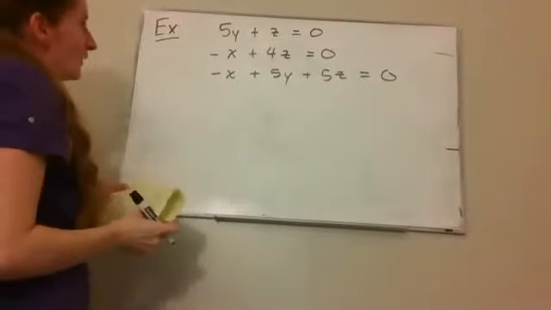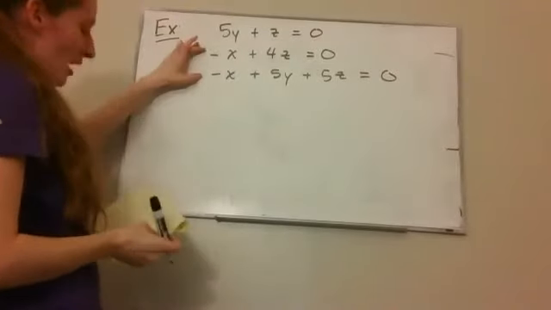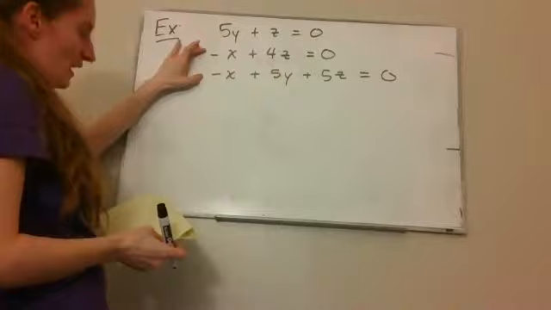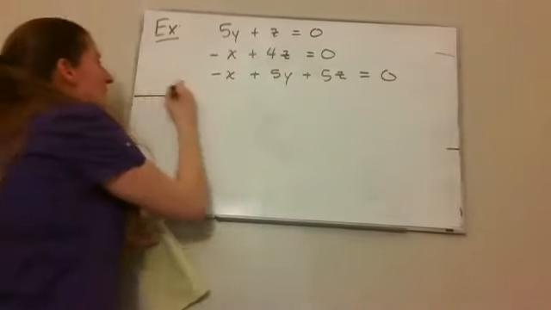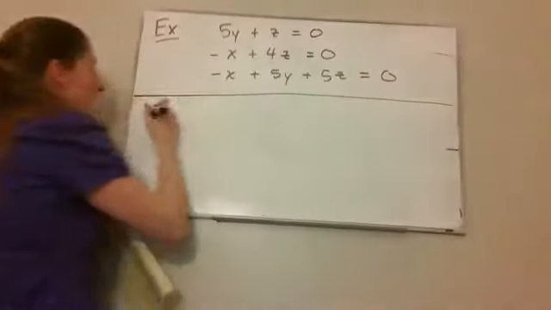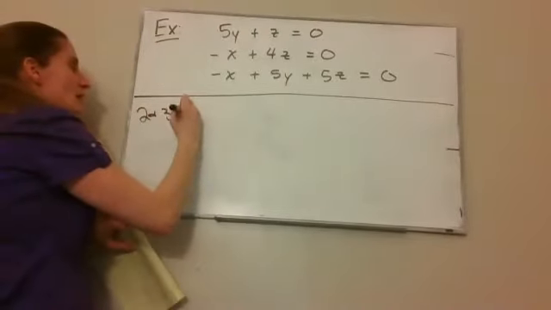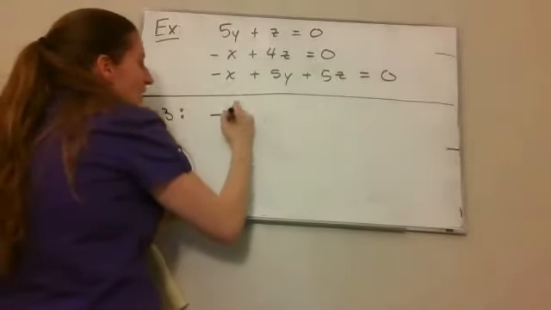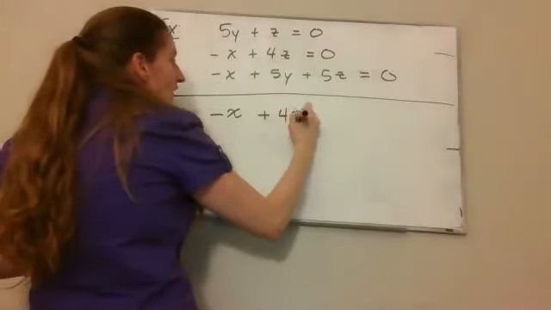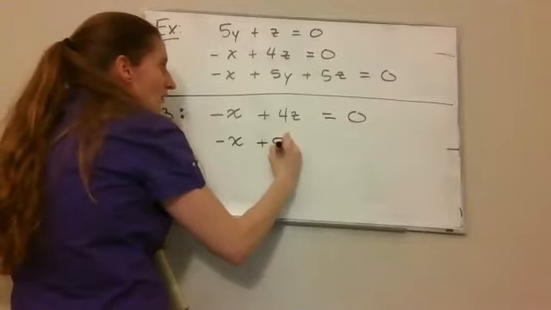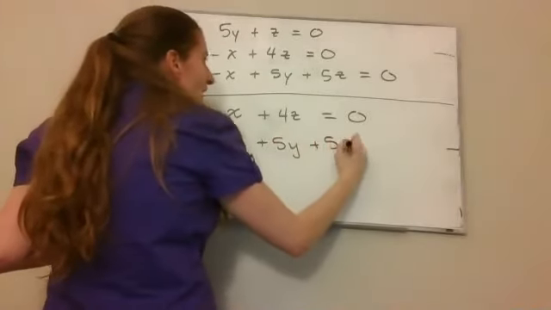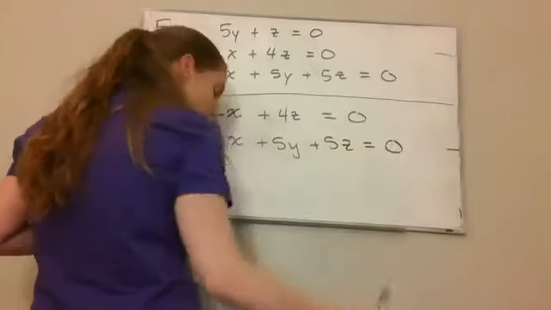And so I'm just going to take the bottom two equations and eliminate the x. So if I look at equations 2 and 3, I have negative x plus 4z equals 0, and negative x plus 5y plus 5z equals 0.